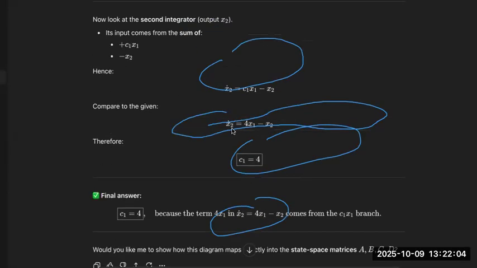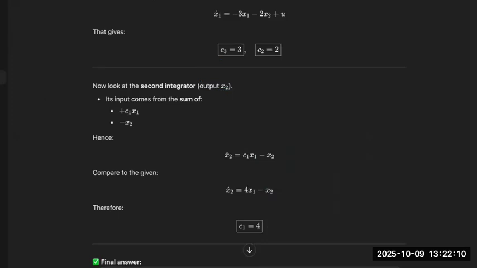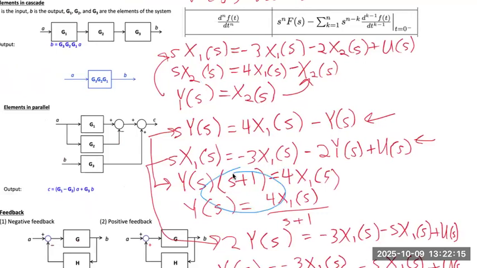Yes, and then actually, I was referring to this equation down here. 4x1 minus x2. So that's the equation we found here. 4x1 minus x2. That is another way of writing the equation.